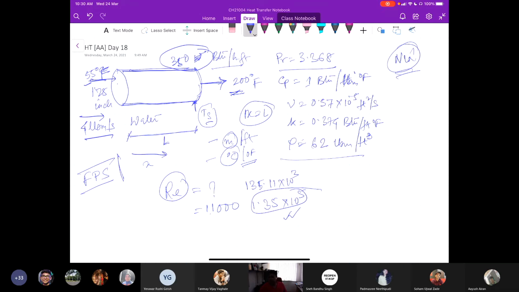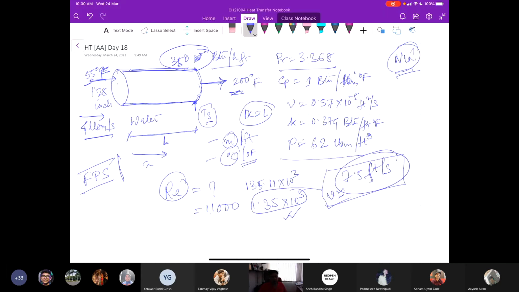Someone told me that the velocity is in the order of 7.5 feet per second, right? Yes, sir, I'm getting 7.22 something. So numerically closer to 7 feet per second.